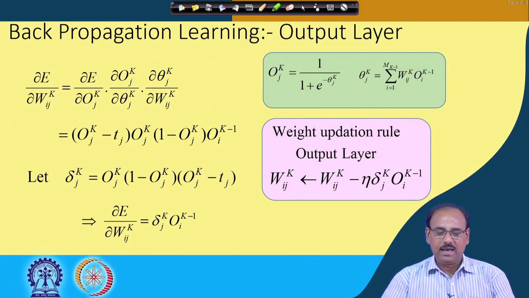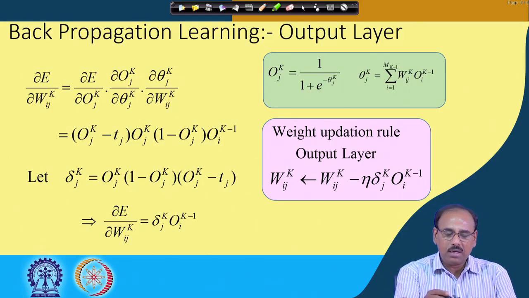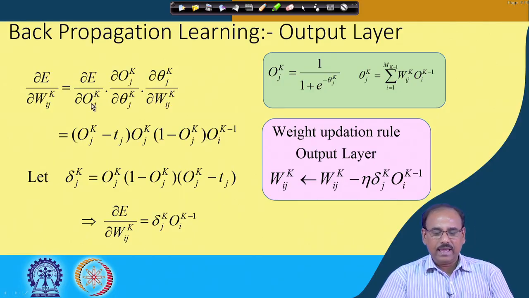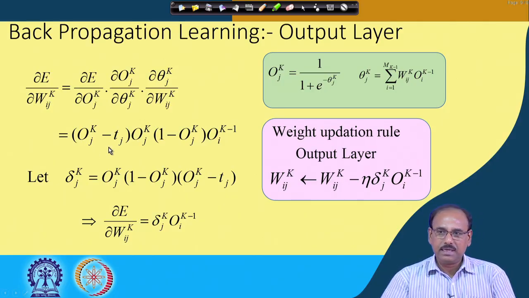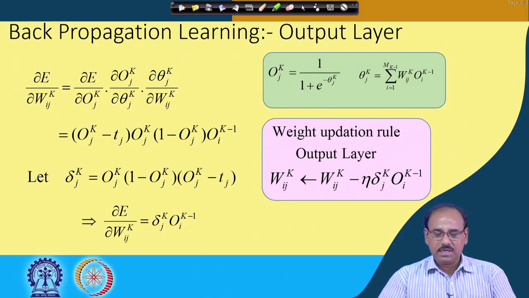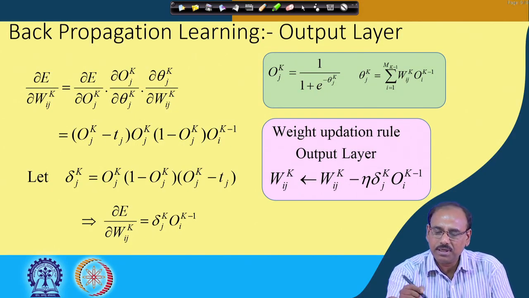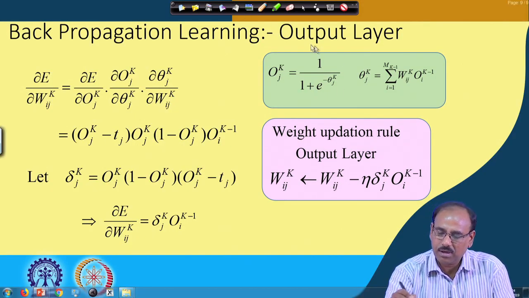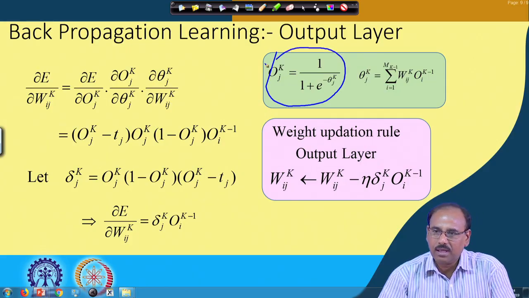that del E del Ojk simply becomes Ojk minus Tj, because E was half of (Ojk minus Tj) squared. Then del Ojk del theta jk: Ojk is a sigmoidal function of theta jk, as given by this expression.